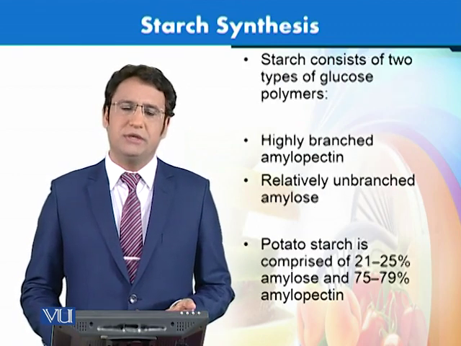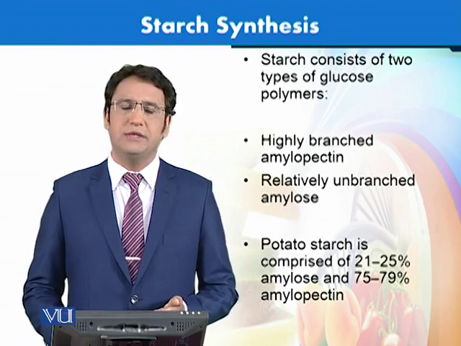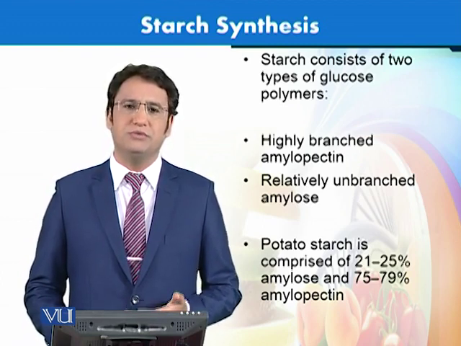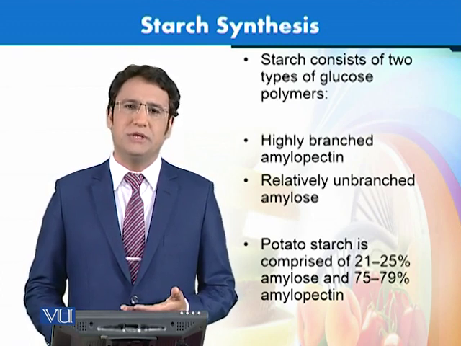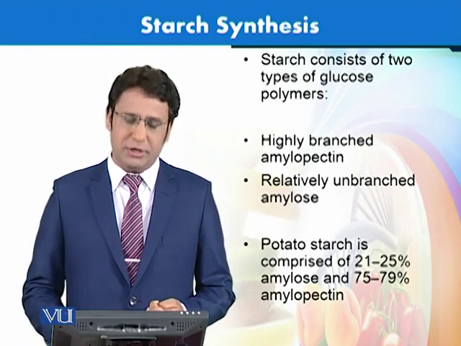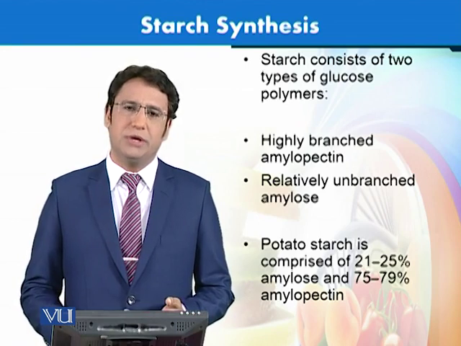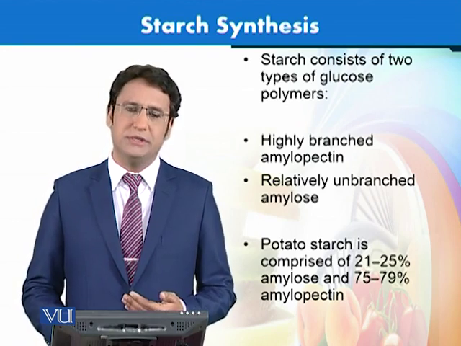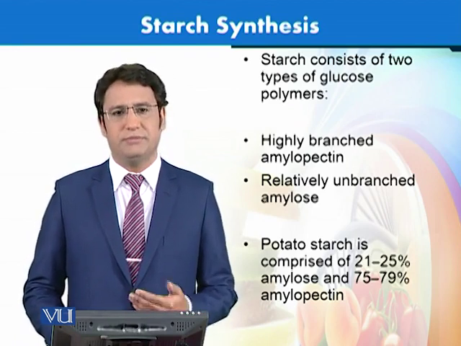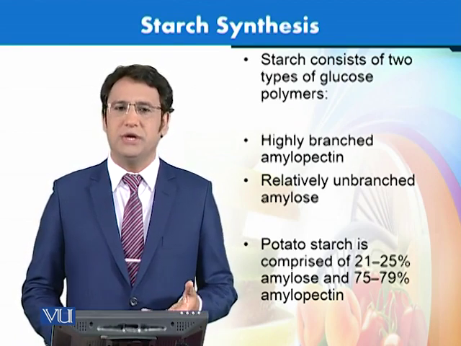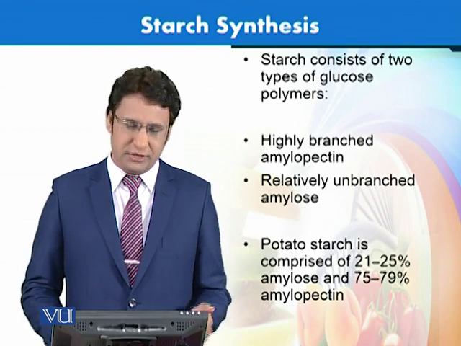As we looked at earlier, starches consist of two types of subunits: amylose and amylopectin. Amylopectin is highly branched, while amylose is a relatively unbranched component, and when they join together they make up different kinds of starches.